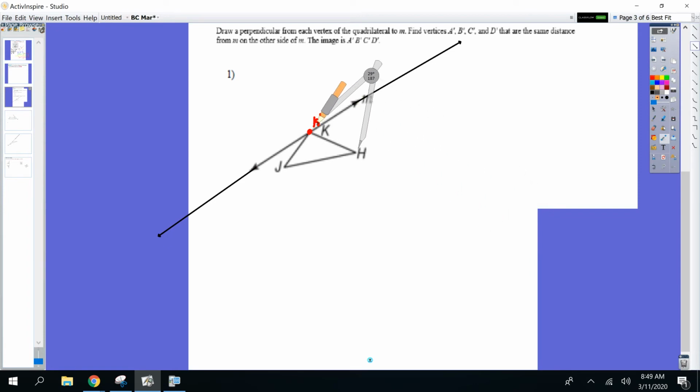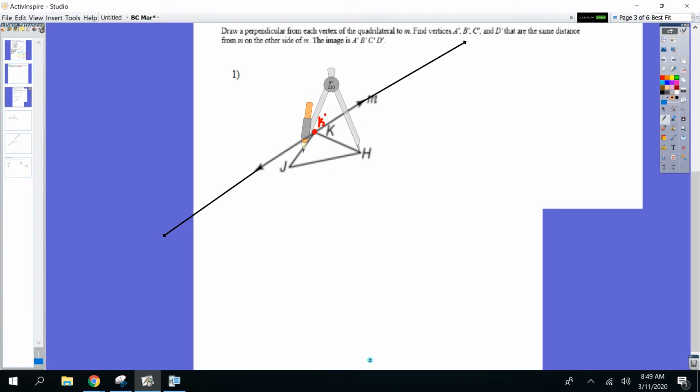All right, so everyone compass on H. You decide on your own compass opening, but just make sure it intersects line M in 2 spots. Arc.